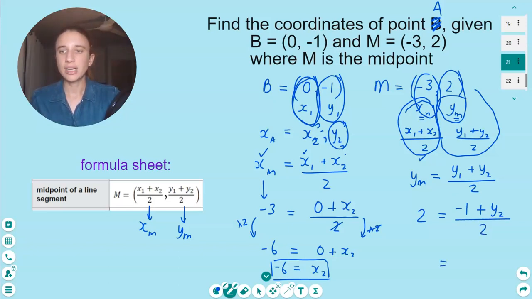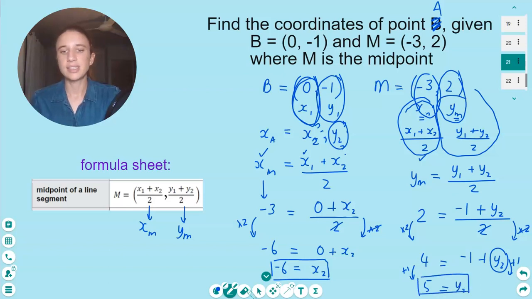Now, if we're given a fraction, get rid of it by timesing out that denominator. 2 times 2 is 4. Those cancel because you divide by 2, then you times by 2. And what have we got? 4 equals -1 plus y2. We're going to plus 1 to both sides. 4 plus 1 is 5, so y2 is 5.